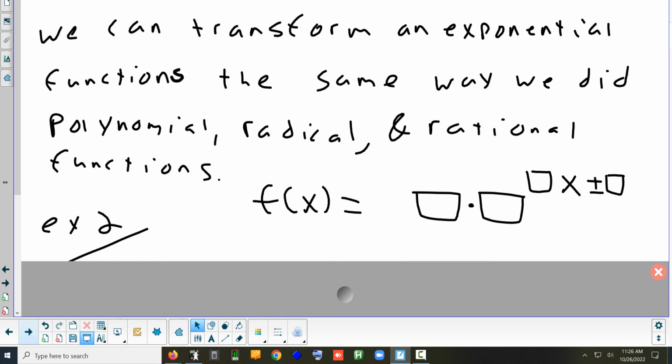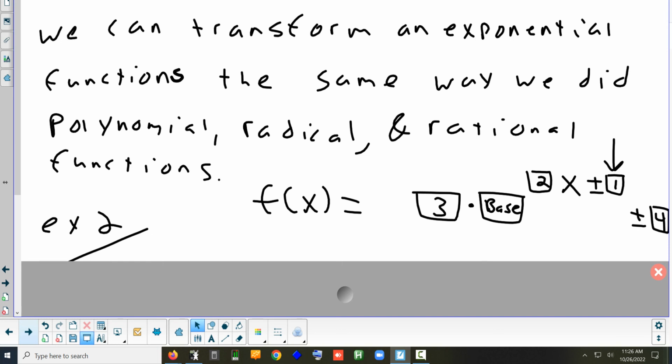Then you could multiply by a number in front. And you could add or subtract a number on the end. This is my base. So the numbers I use there indicate the order that you do the transformations in.